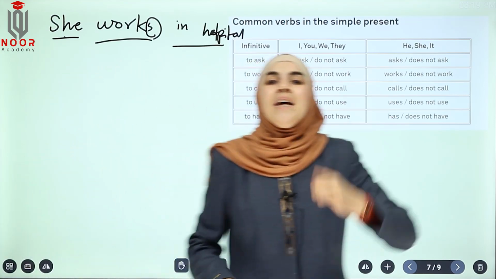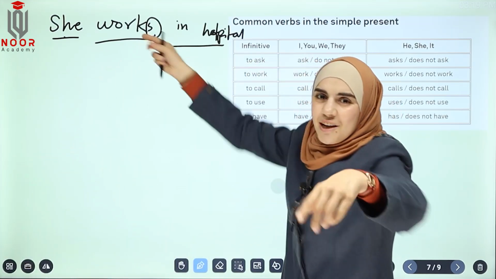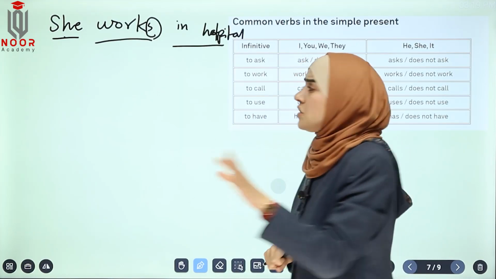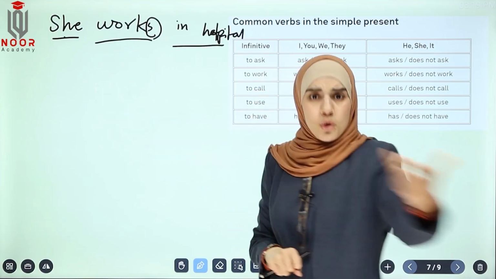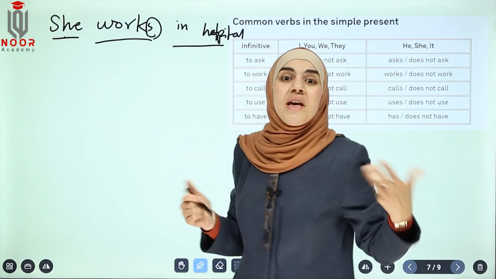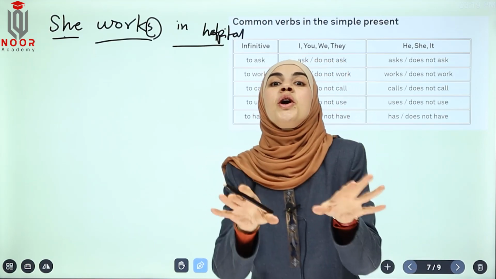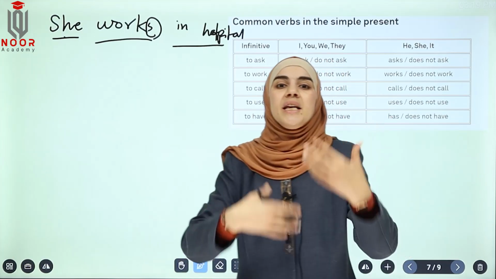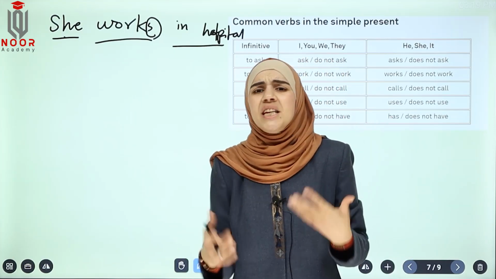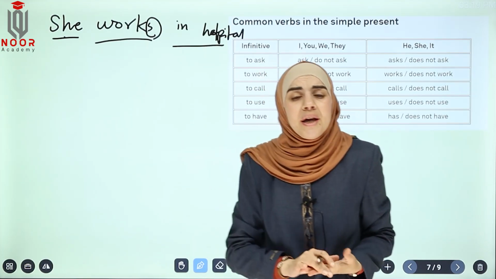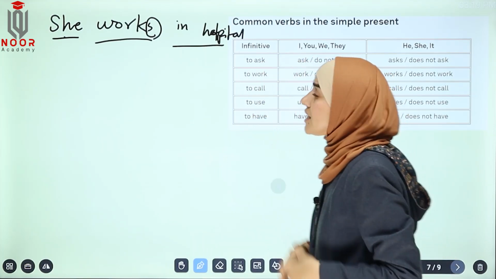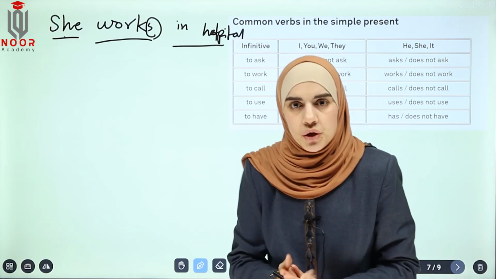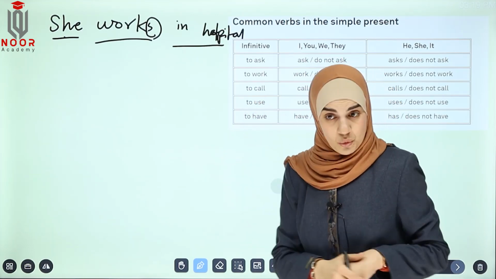So this is simple present. Miss Jumana, please tell us what the uses of this sentence are. The uses, very simply: we talk about routine, or a status, or a permanent action. I think it's permanent. Why? Because she gets used to go to her work in hospital. Maybe she works as a doctor, she works as a nurse, I don't know, but she gets used to go to the hospital and works there.